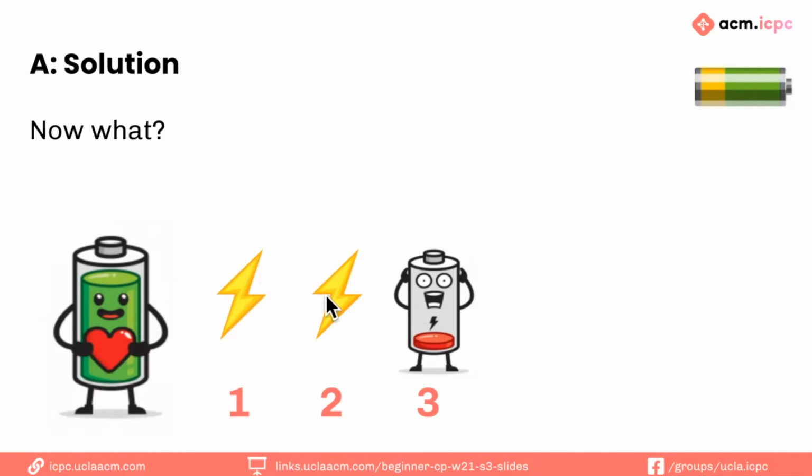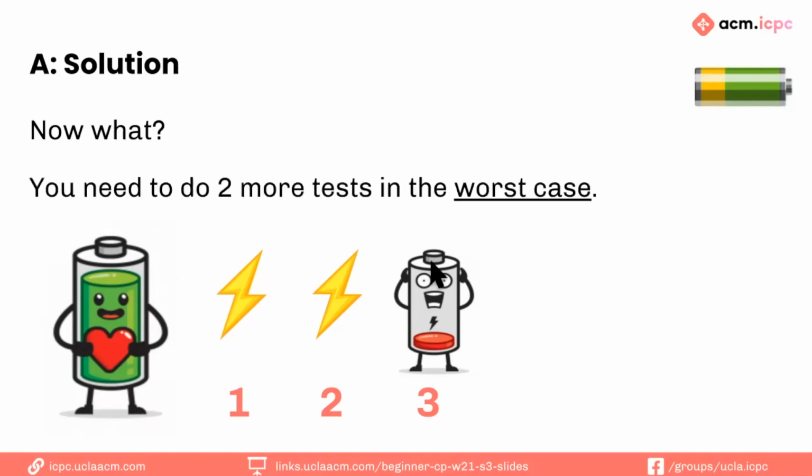Then we test 2 and the battery explodes. But now we're at a problem where it could be 1 or it could be 0. And because we tested 2 first, we'll never know whether it would have exploded at 1. Because of that, now we're out of batteries and we have a problem. So essentially what this means is that we have to do 2 more tests. We have to start at 1 and then go all the way up.